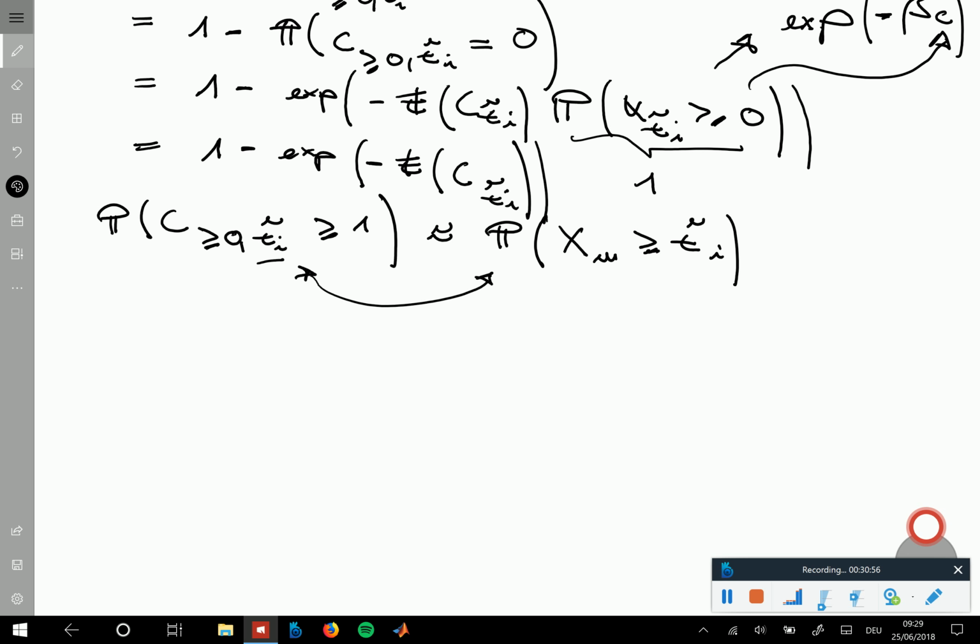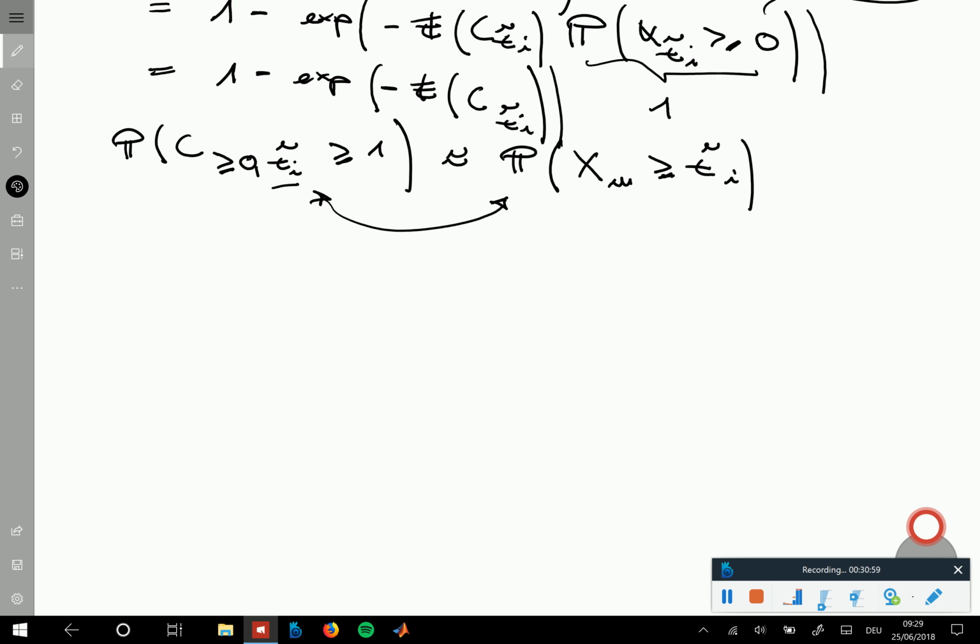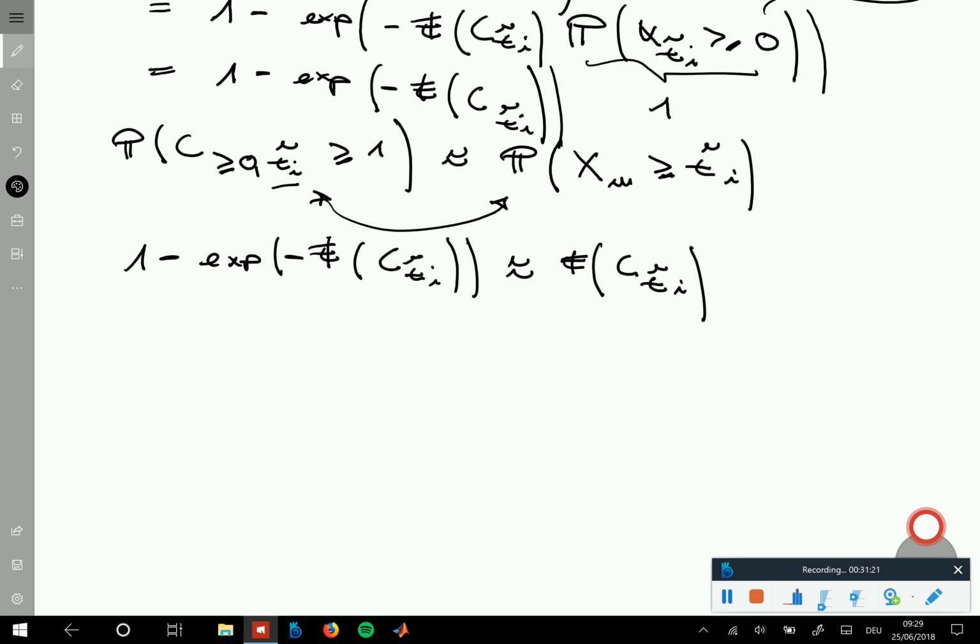This is due to the fact that 1 minus exp of minus the expected value of C tilde i is approximately the same as the expected value of C tilde i. So this expression here, 1 minus the exponential of minus x, is approximately the same as x itself.